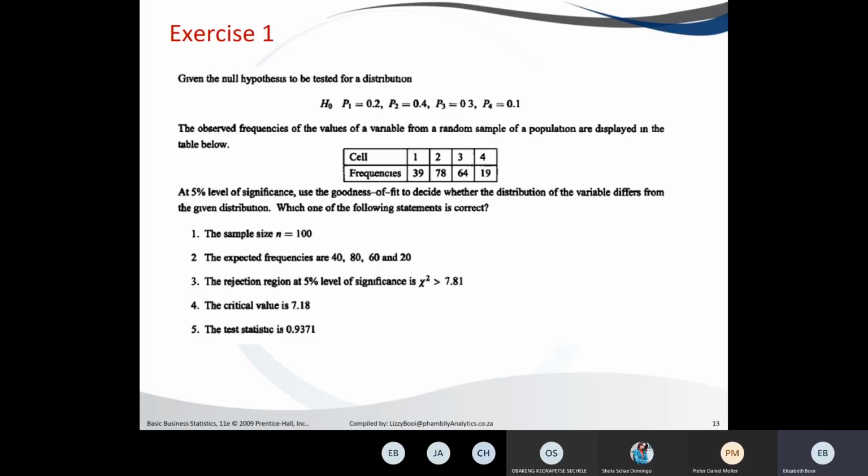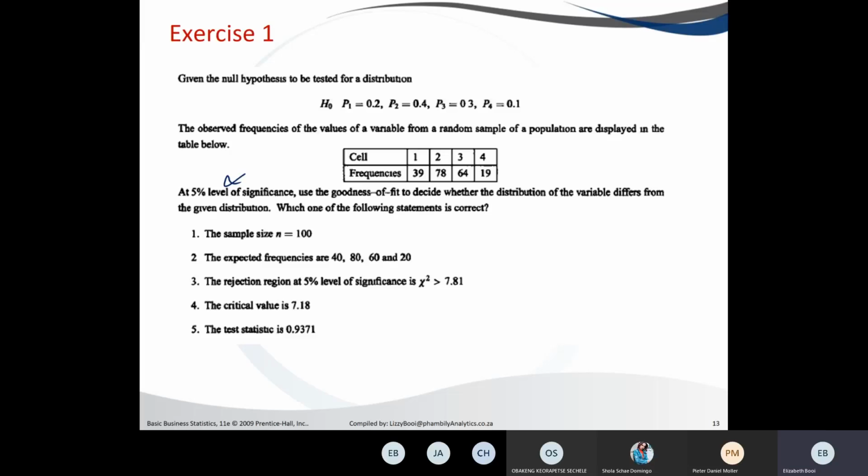So we're testing this. Then they also give us the observed values in the table with 1, 2, 3, 4, and our observed frequencies are 39, 78, 64, and 19. They also tell us at 5% level of significance, so we have our alpha.